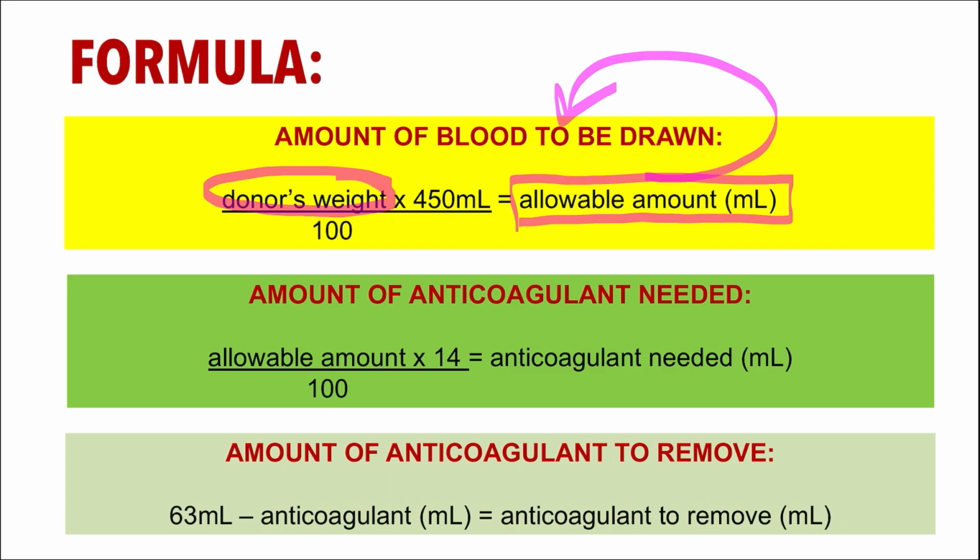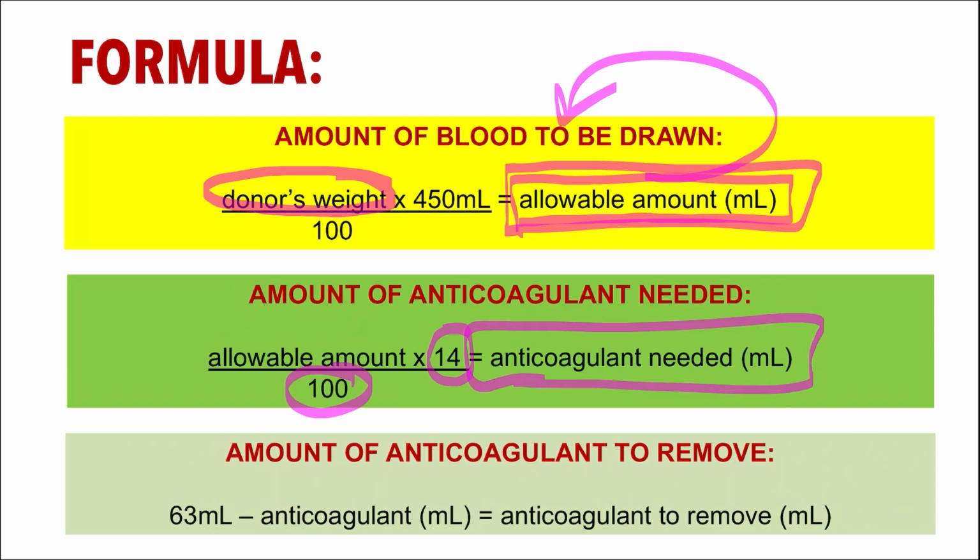And of course, because you have not taken the maximum amount of blood from the donor, you have to adjust the anticoagulant. So from the allowable amount, you multiply it with a standard, which is 14 over 100. That is where you can get the anticoagulant needed.